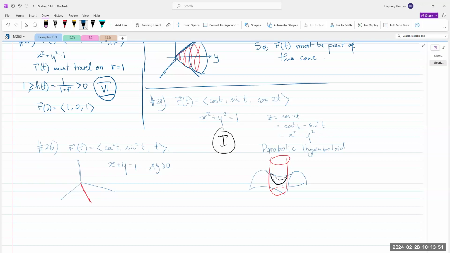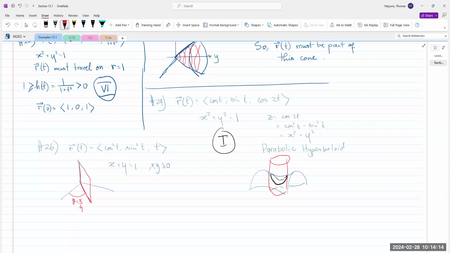Yeah, it is always equal to 1. And so it must be on this plane. It must be on this 45-degree plane, right? With theta equals 45 degrees.